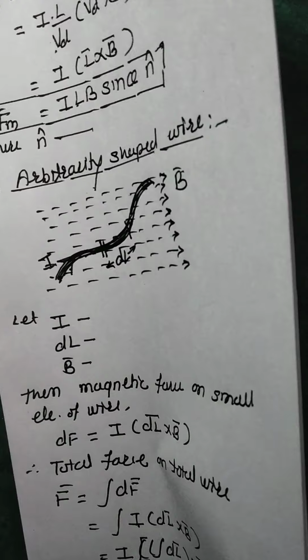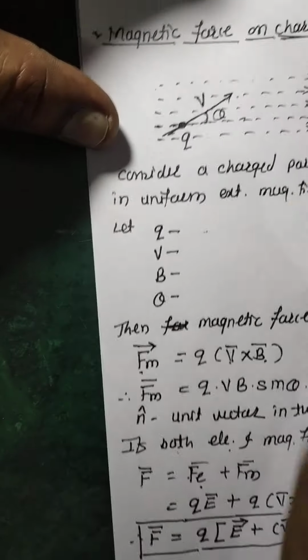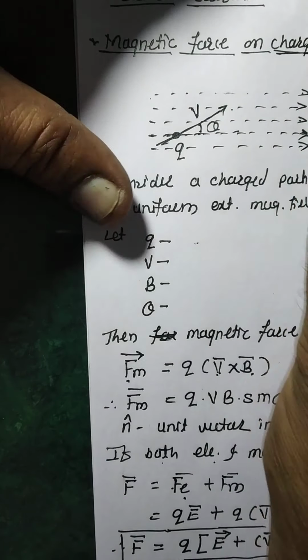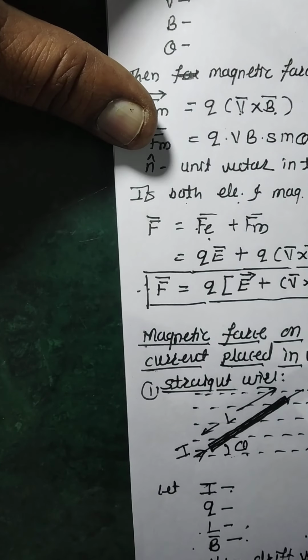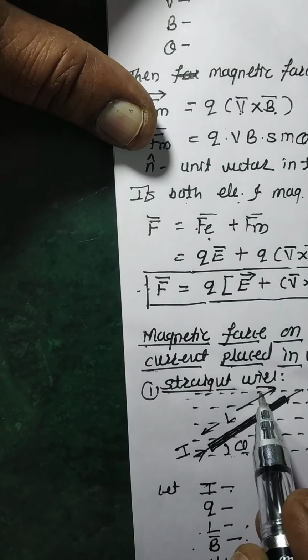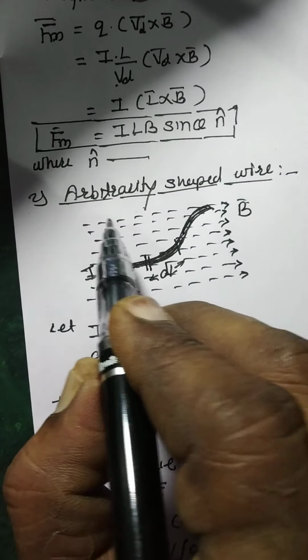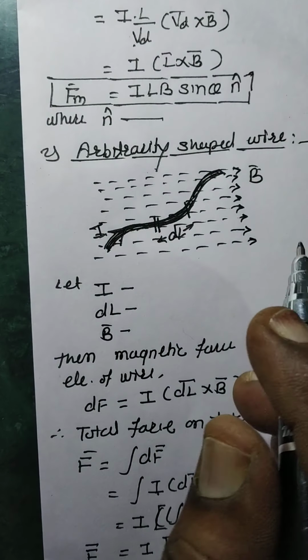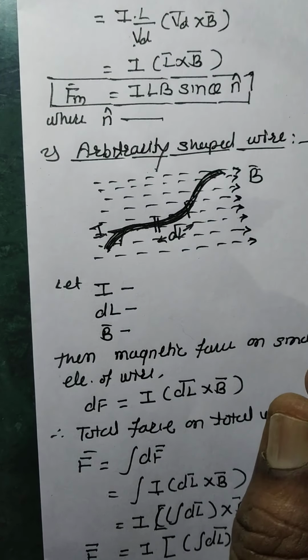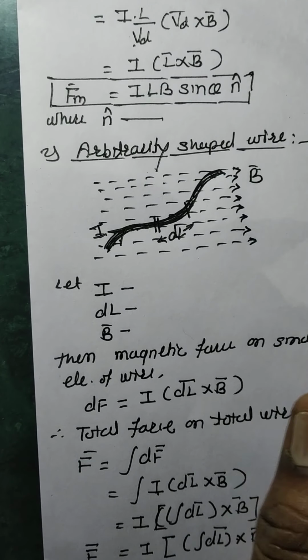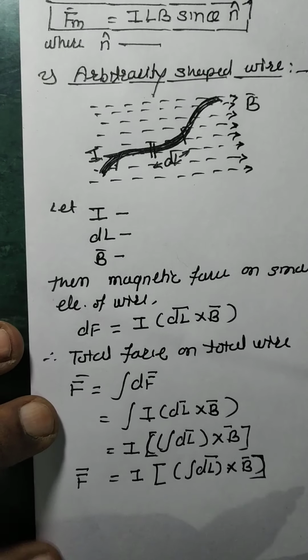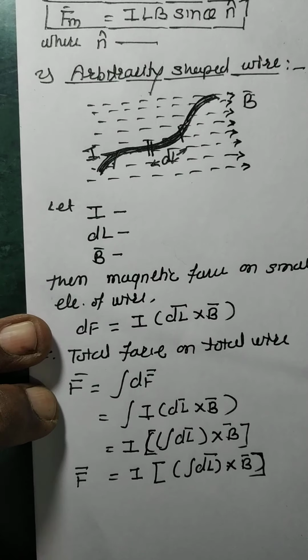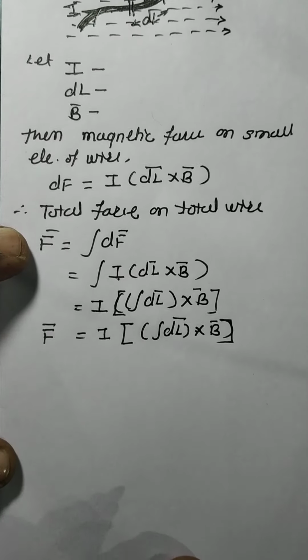आतापर्यंत आपण 3 पार्ट पाहिले. पहिल्या पार्ट मध्ये magnetic force on charged particle, magnetic force on straight wire carrying current, and magnetic force on arbitrary shaped wire. आता याच्या आधारे आपण आणखी एक टर्म पाहतोय, ती म्हणजेच टॉर्क ऍक्टिंग ऑन करंट कॅरिंग लूप.